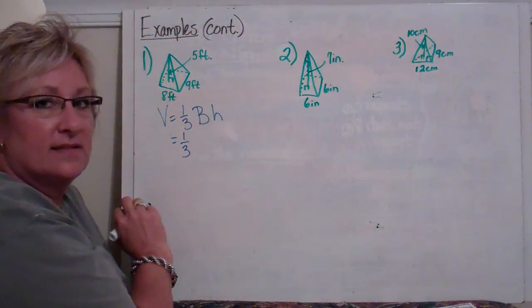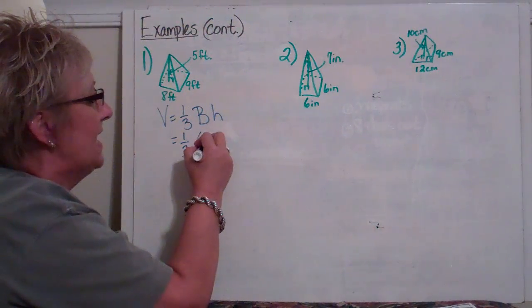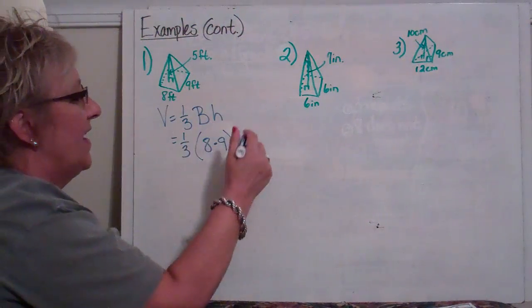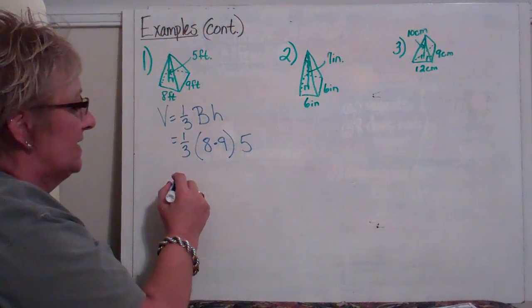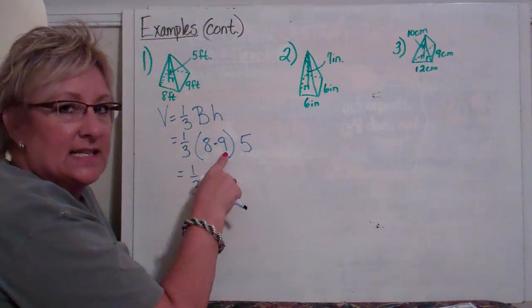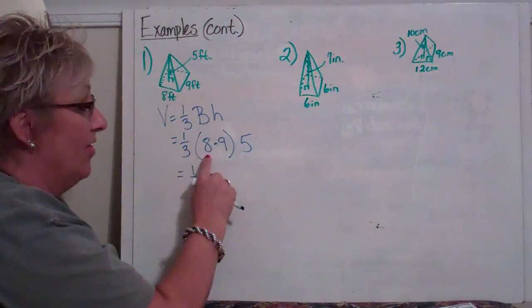If I know this is a rectangle, I know that the area of a rectangle is going to be 8 times 9. And the height of this is 5 feet, so it's going to be 5 feet. Now 1/3, I can see in here that I can take 1/3 of 9, because I'm having to multiply all that together.